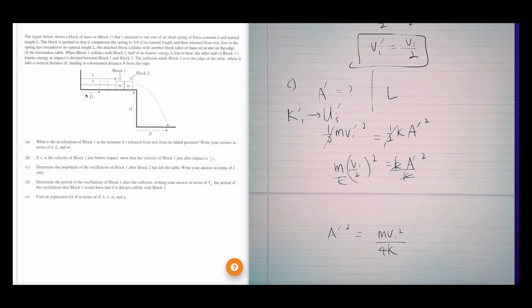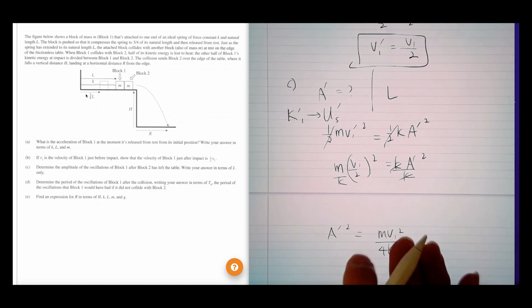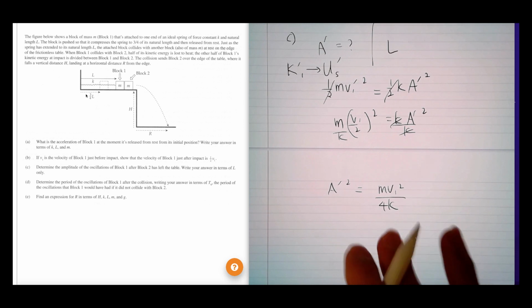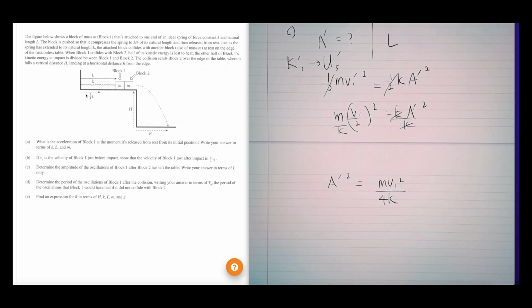But unfortunately, we can't use this formula. We cannot call this our answer because we can only answer it in terms of L. So how can we get the L? Well, the L comes from before the collision. So let's look at it before the collision.